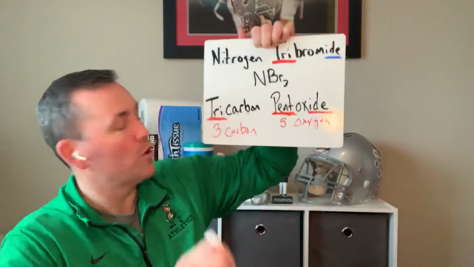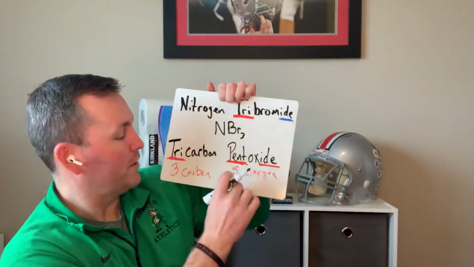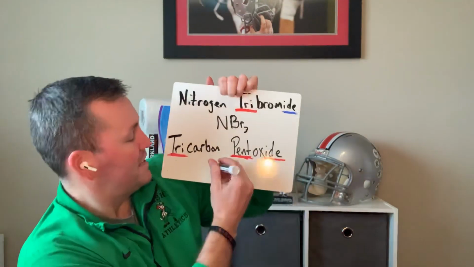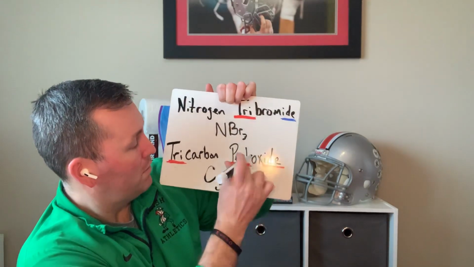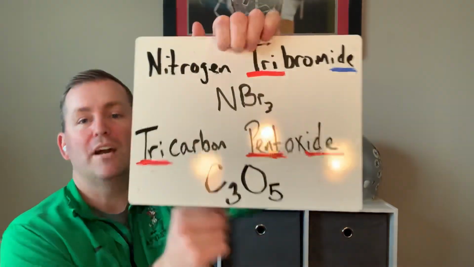So if I go ahead and write the formula out for this, I have 3 carbon, 5 oxygen. I'm going to go ahead and erase these down here. It would be C3O5. And that's how we set that up.